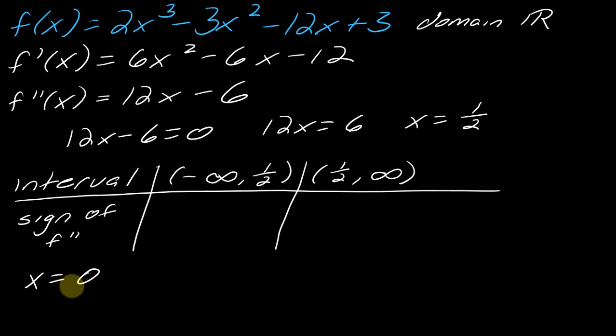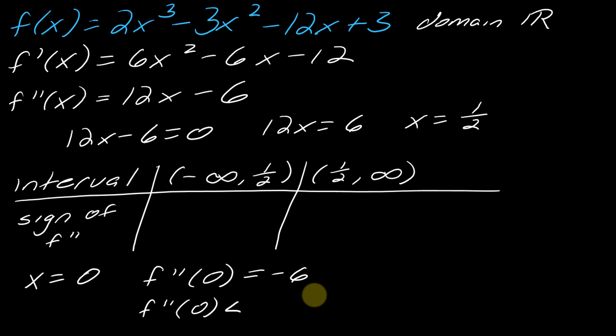I plug x equals 0 into my second derivative, and all I care about is whether this is positive or negative. Most of the time you don't need to evaluate it fully. You're just interested in whether this is greater than or less than 0. So this is less than 0, the sign is negative, and I'll note that in my table.